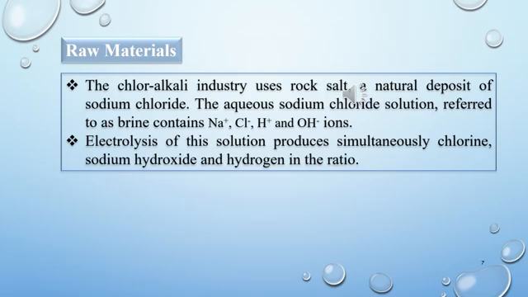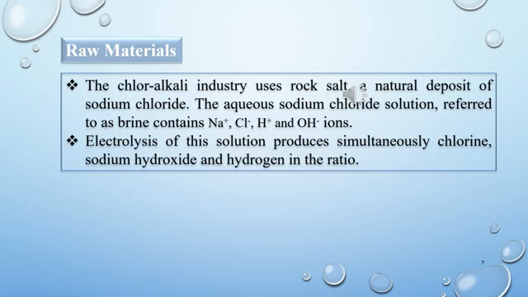At the electrodes, sodium ion will be converted into sodium hydroxide and chloride ion will be converted into chlorine. So at different electrodes, different products will form. At one electrode sodium hydroxide will form, and at the second electrode chlorine will form, and these products have different ratios.